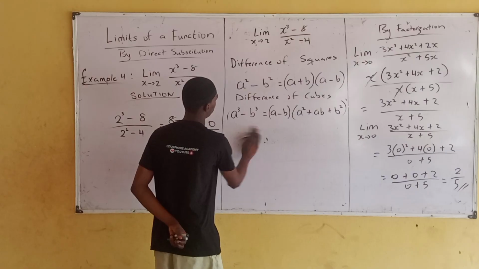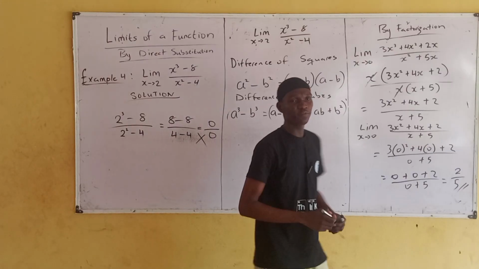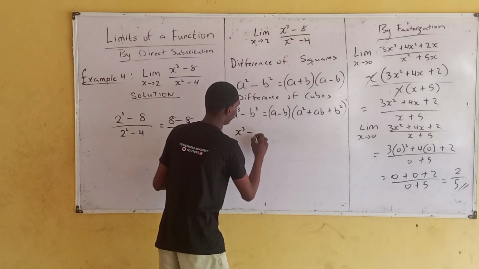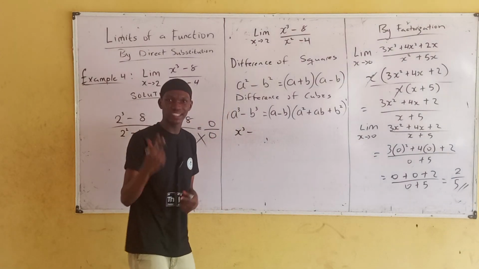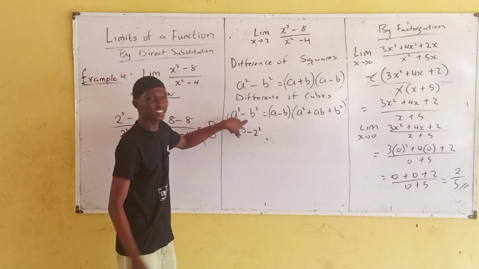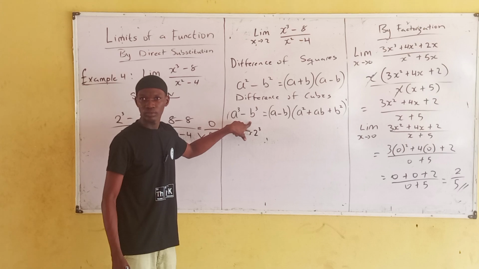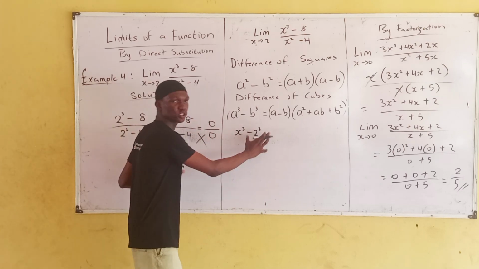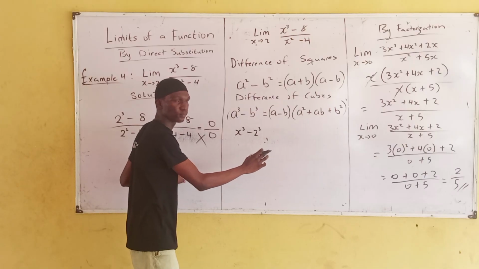Okay, sorry. We have x cubed minus 8, which can be written as x cubed minus 2 cubed.